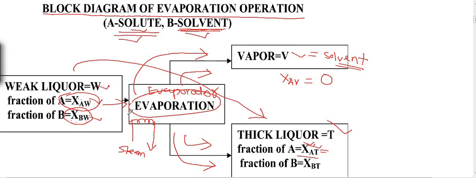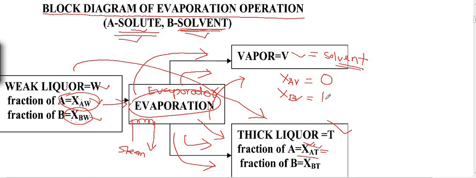A certain part of the solvent gets vaporized, so you get solvent in vapor and also solvent in thick liquor. Therefore the vapor composition is XAV equal to 0, while the fraction of solvent in the vapor phase is 100%, that is 1.